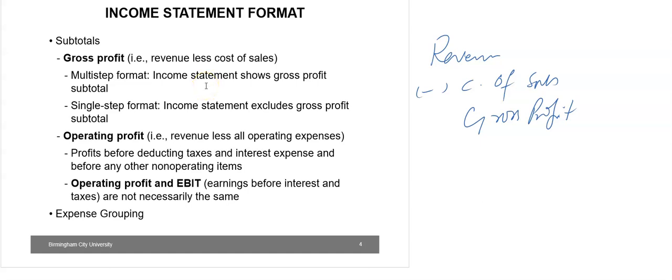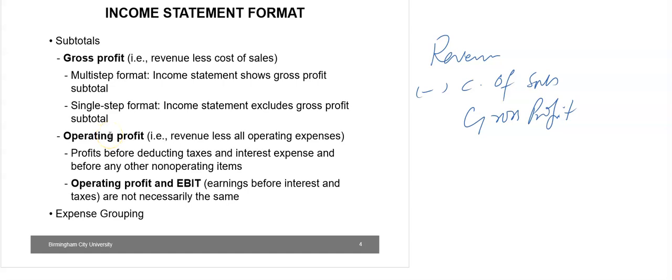When it does not show and excludes gross profit as subtotal, it is called a single step format of income statement. Another important subtotal is the operating profit or operating income, which is obtained from deducting operating expenses such as selling, general and administrative expenses, as well as research and development expenses from the gross profit.